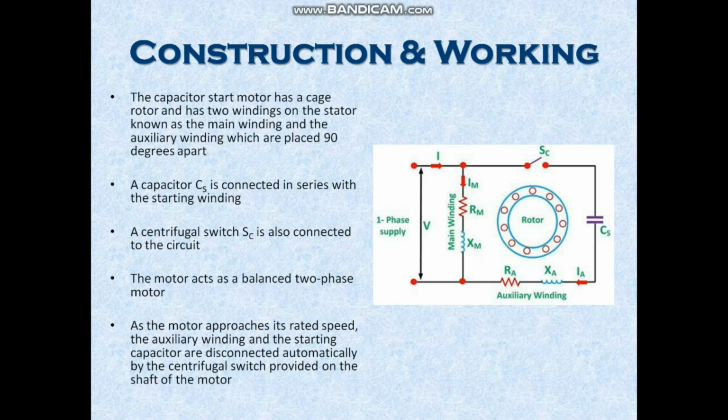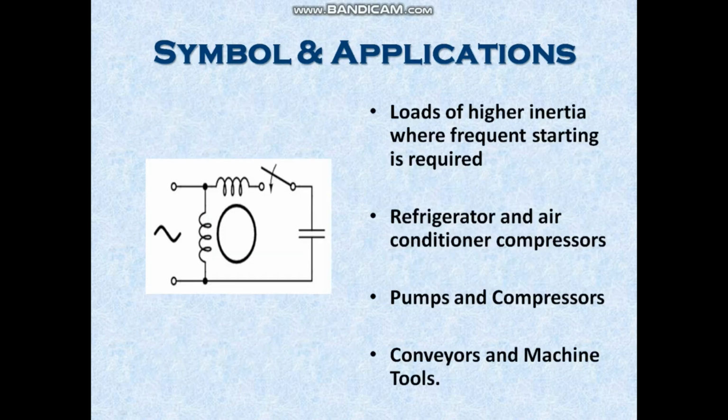The motor acts as a balanced two-phase motor. As the motor approaches its rated speed, the auxiliary winding and the starting capacitor are disconnected automatically by the centrifugal switch provided on the shaft of the motor. The symbol used to represent the split-phase squirrel cage induction motor capacitor start type is shown in the figure.